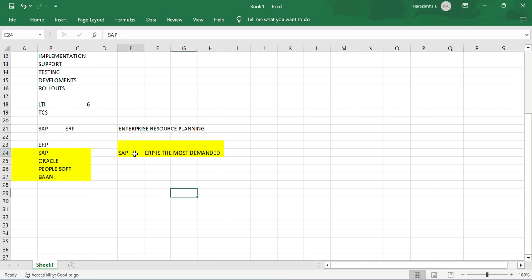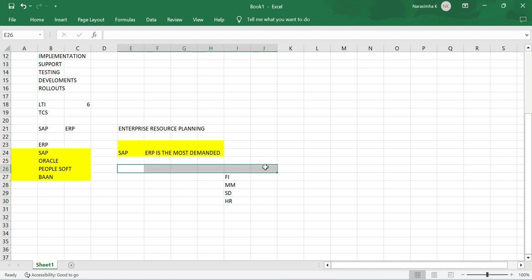Why SAP is a very demanded ERP is that it integrates all systems. For example, in any organization, there will be a finance department, manufacturing department, material department, sales department, HR department. Like this, different departments will be there.